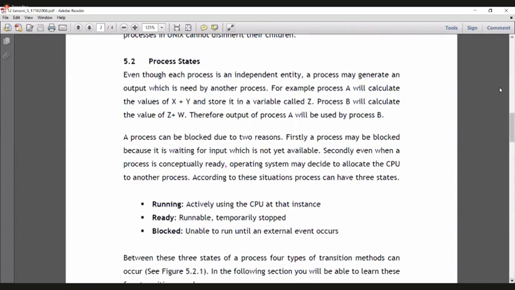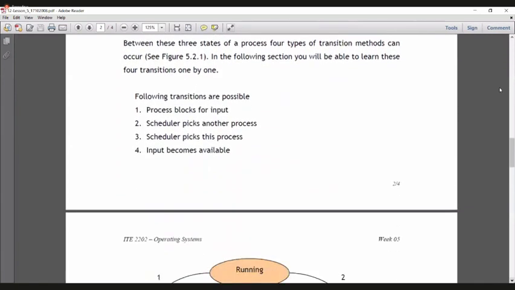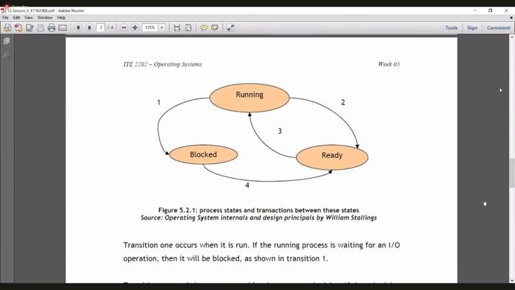So that's why we get this, the second model. Now, since we have explained these two situations, the process can be in running state or it can be in the blocked state. But we can add one more.